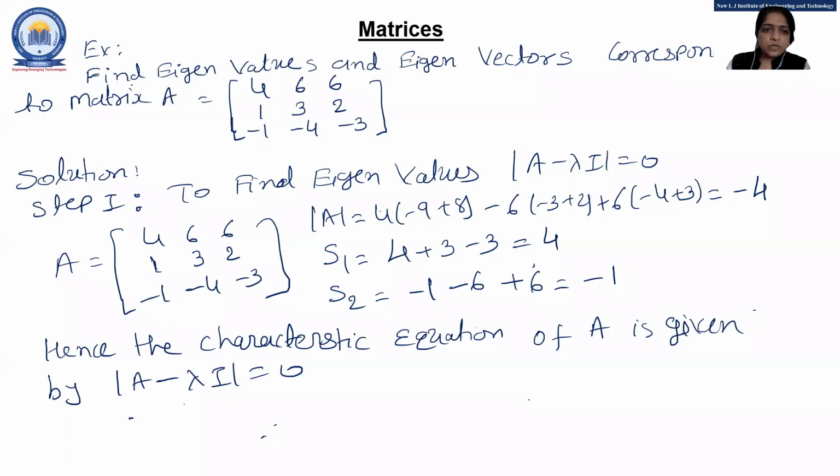Our question is: find eigenvalues and eigenvectors corresponding to this matrix, right? So this is our characteristic equation, and this is our matrix.